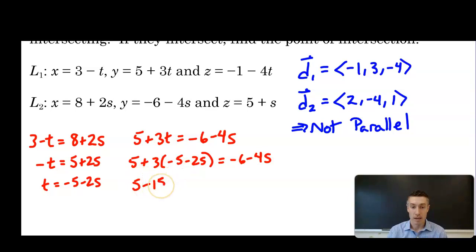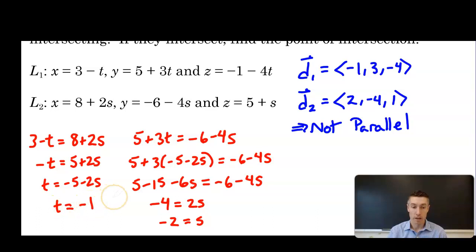So 5 minus 15 minus 6s equals -6 minus 4s. So -10, add 6, so -4, add the -6 over, so 2s, so -2 is s, and t then is -1. Okay, so we found the s and the t value that make x's equal, y's equal.